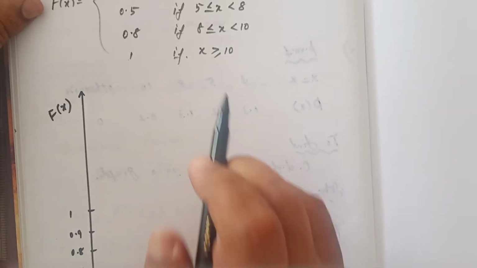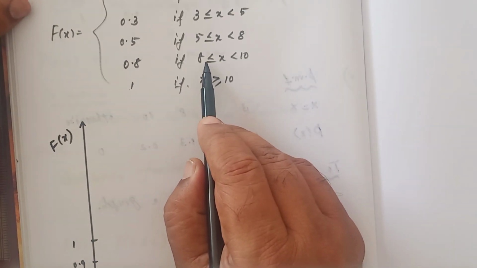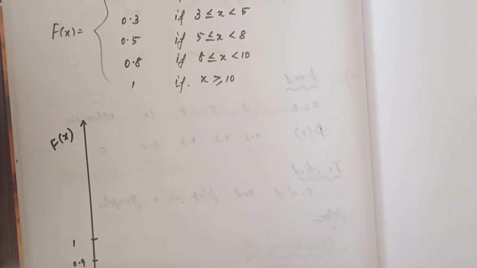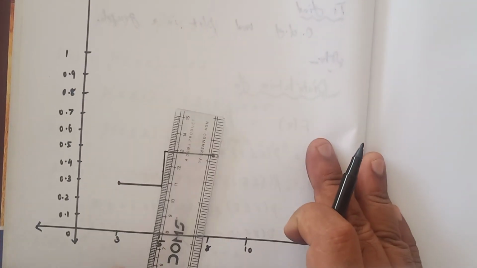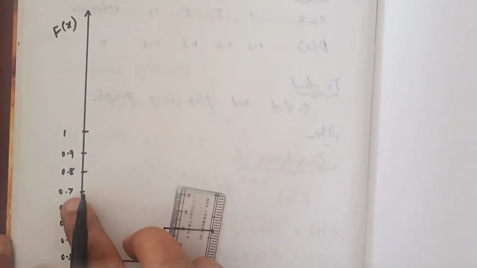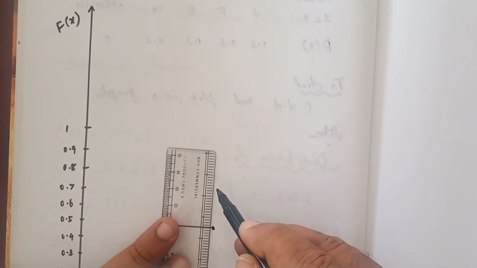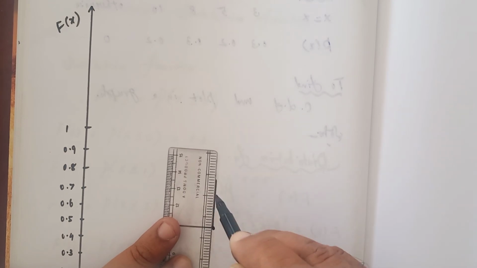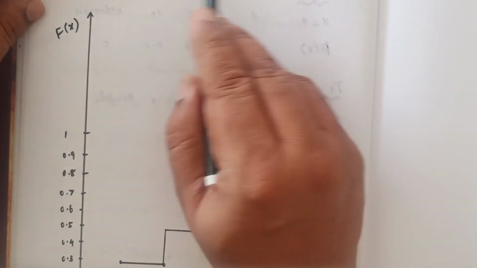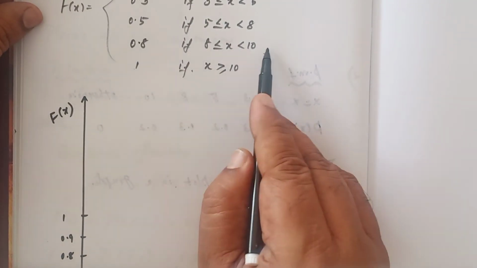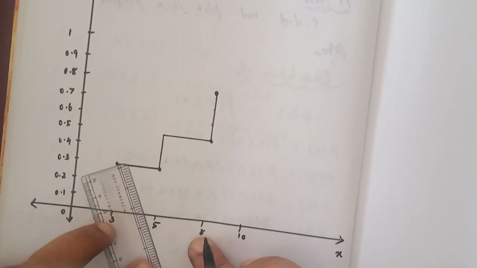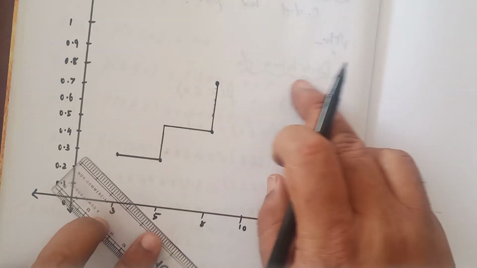Then once it reaches 8, look at the symbol, less than or equal to 8: you have to put 0.8. It jumps to 0.8. Next, 8 to 10, 0.8 only. Write 8 here, 10 here; from 8 to 10, 0.8 only.